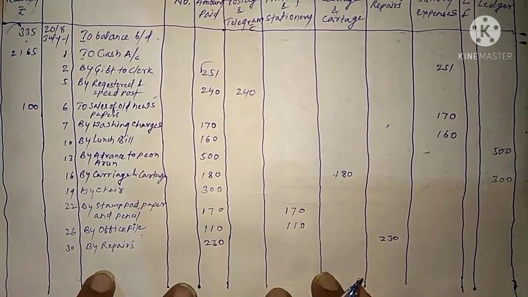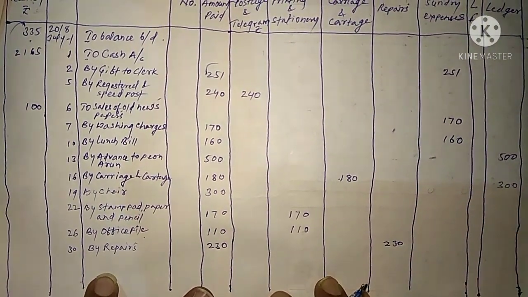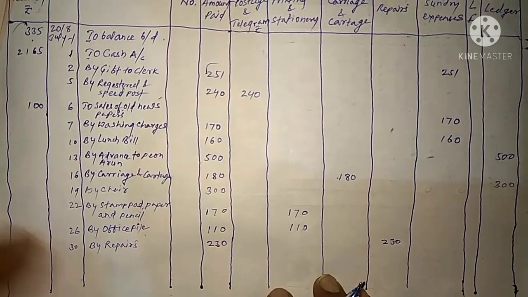So now with total posting we did, and now we have to make the total of all the columns.